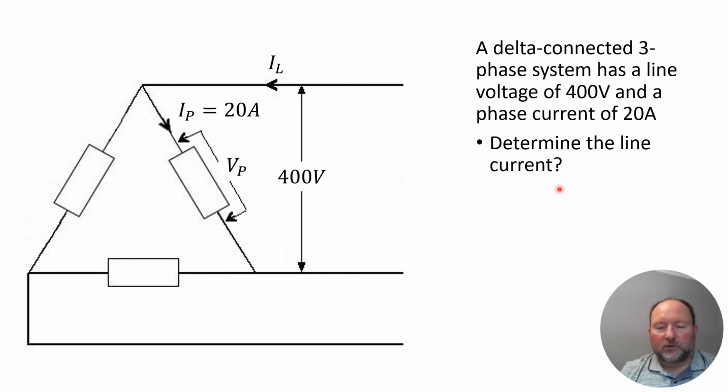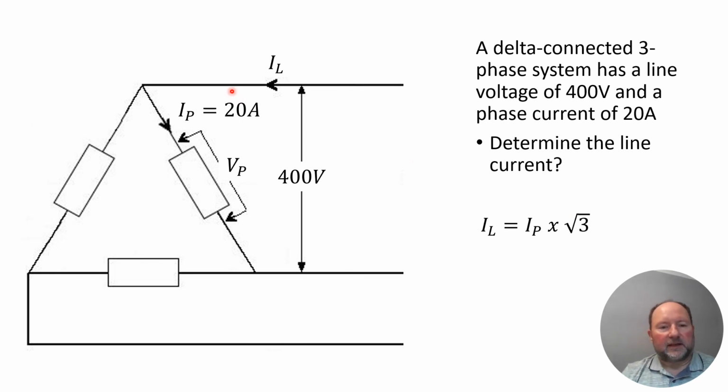So it's formula based, of course, as all these things are. The formula is that your line current IL is the phase current IP multiplied by the square root of 3. That square root of 3 is always that relationship between phase and line values in three-phase systems.